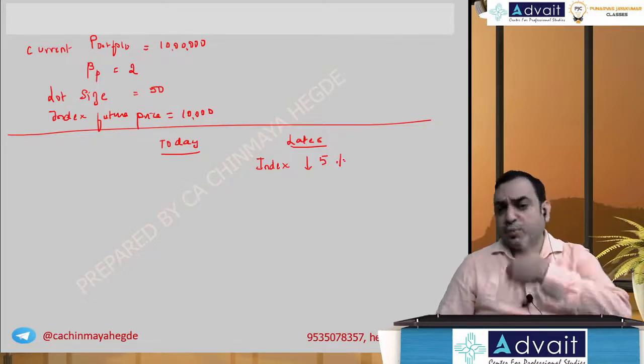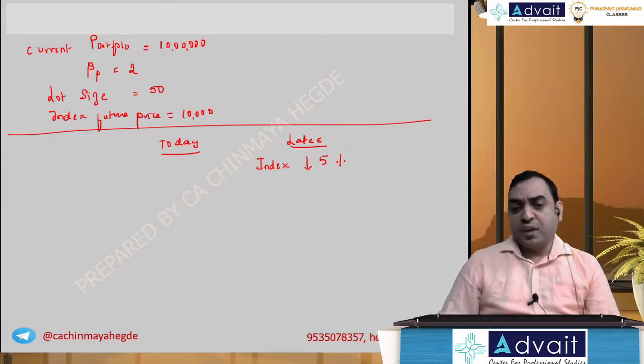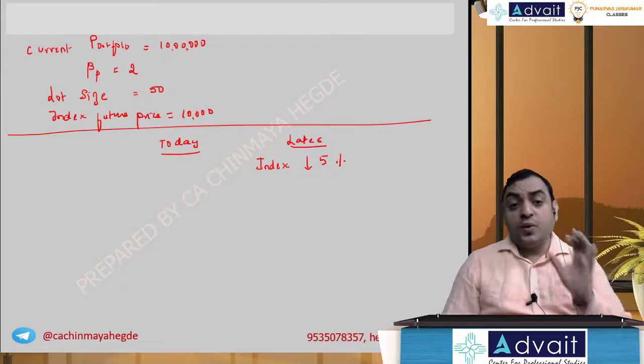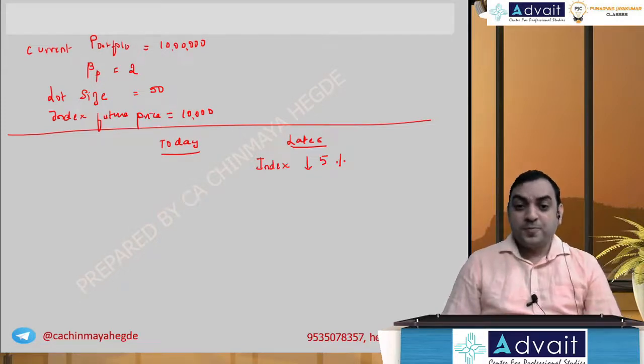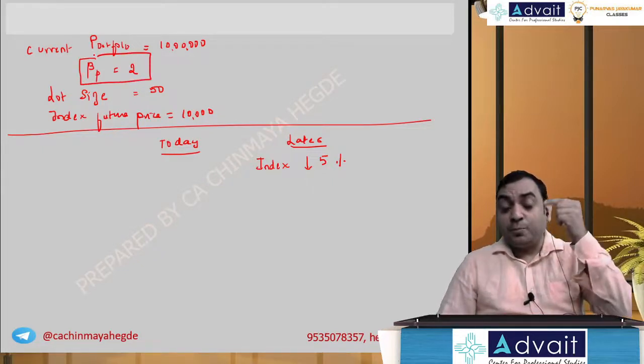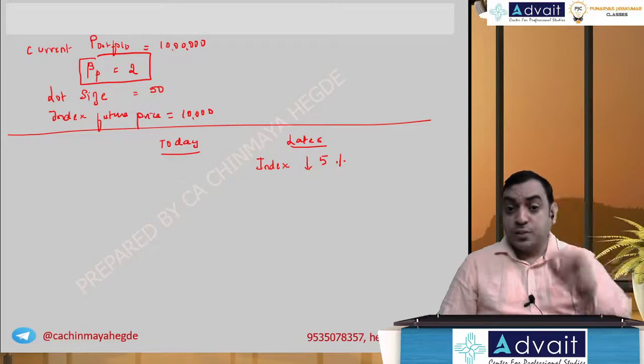You can also think about if index up by 5%. Let me just first talk about this. Index down by 5%. Now, if index down by 5%, what will happen to your portfolio? Applying beta. What does this beta mean? If the market is changing by 1%, your portfolio is likely to change by 2%.